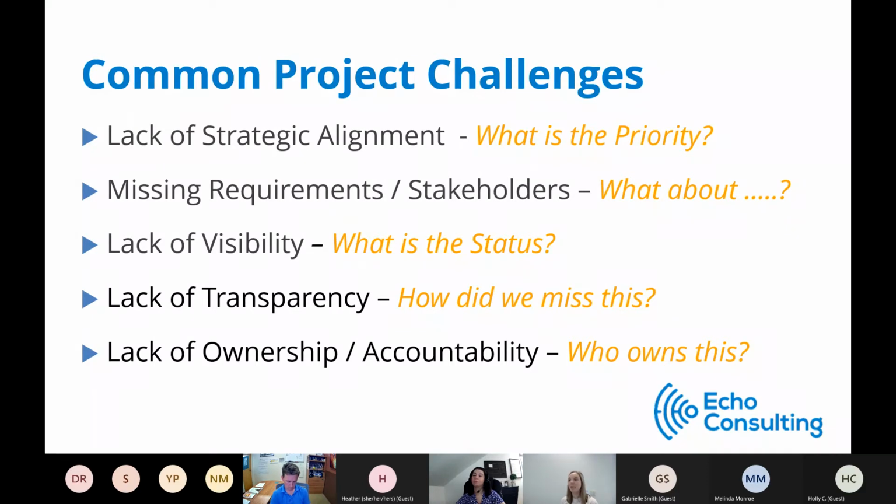Do we have all the right people informed in order to identify those risks and issues? And again, we'll get into some solutions on these as well. And the last being lack of ownership and accountability. Do we really have a clear understanding of who owns what, who is responsible versus who is accountable for different actions and steps throughout the length of the project?